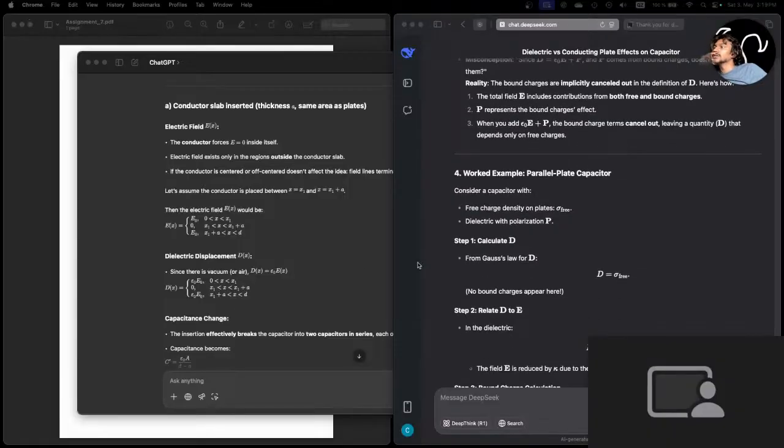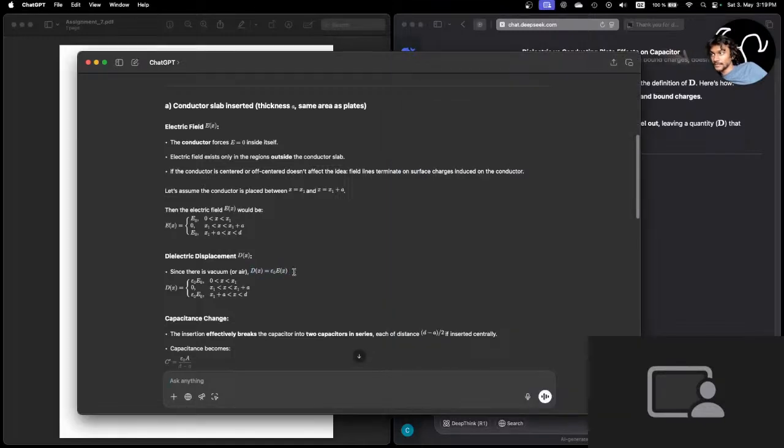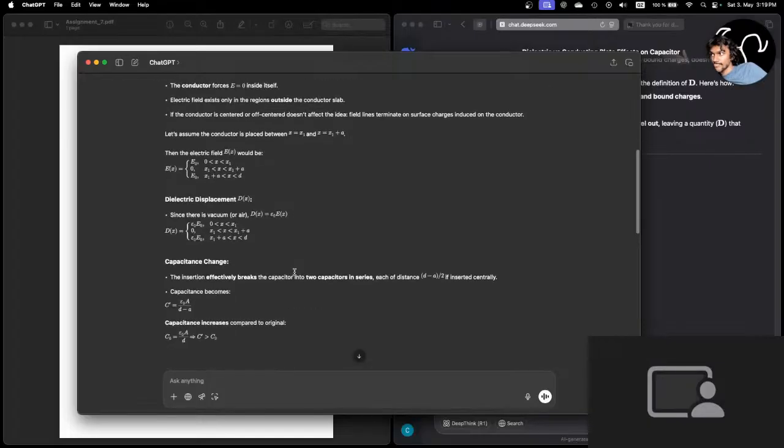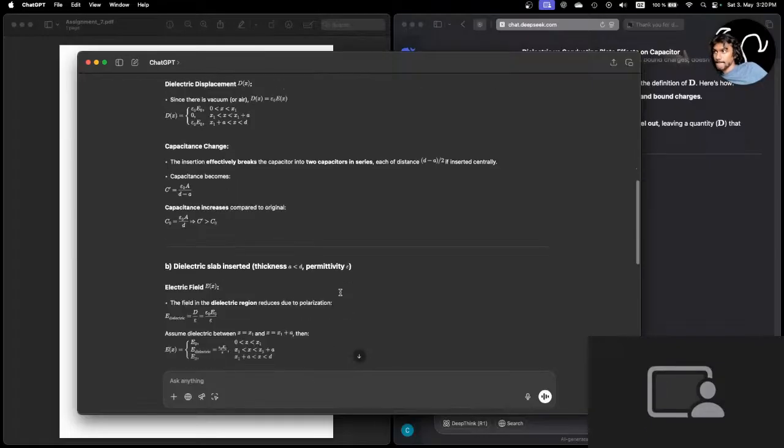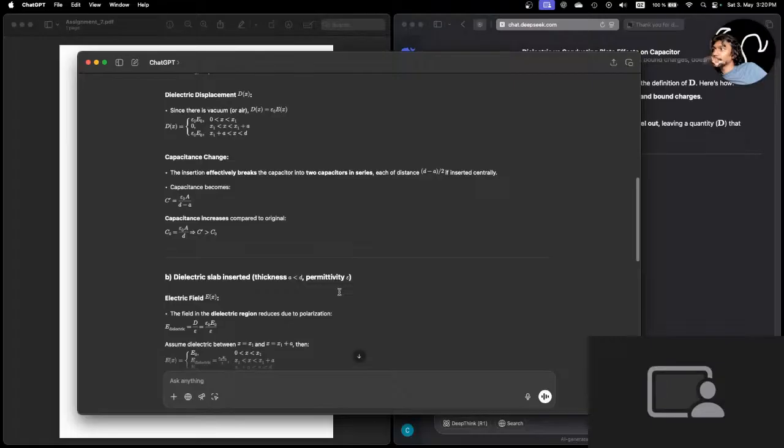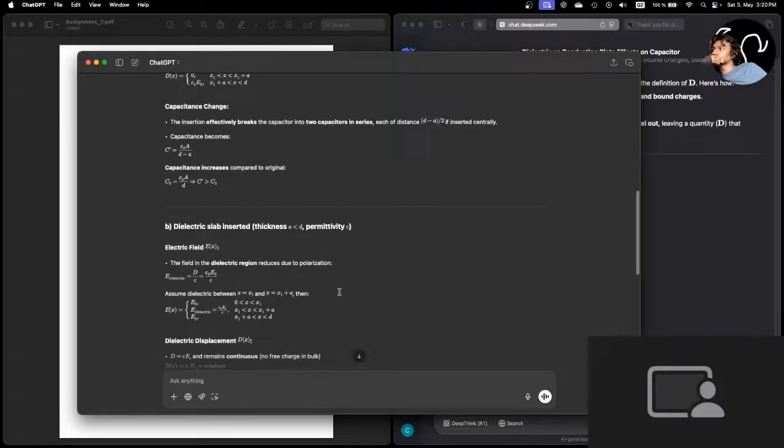So that is the dielectric displacement. But here they don't give any detail. Look at this. Since there is vacuum or air, D of x equals epsilon 0 E. Dielectric slab inserted.